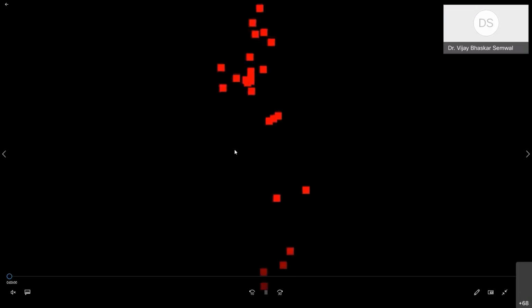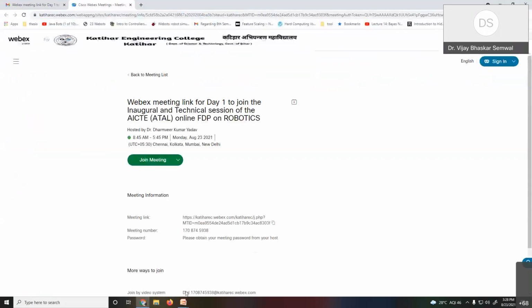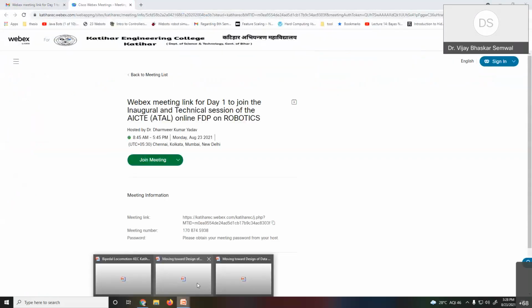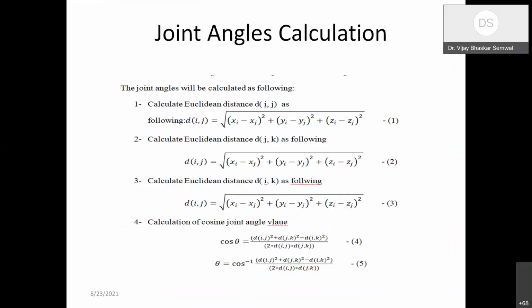Different activities are performed. Now the question is how you calculate the joint angle, because you are getting depth X, depth Y, color X, color Y. For this, you can understand the mathematical description here.